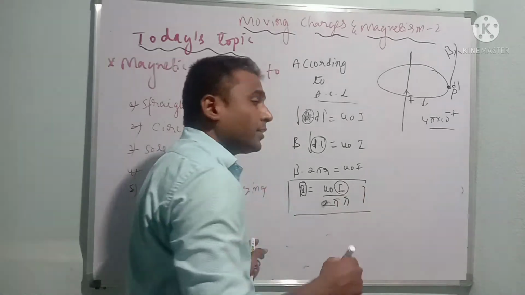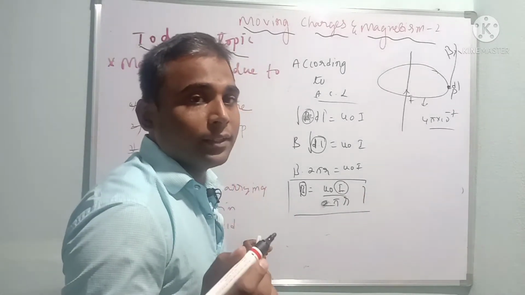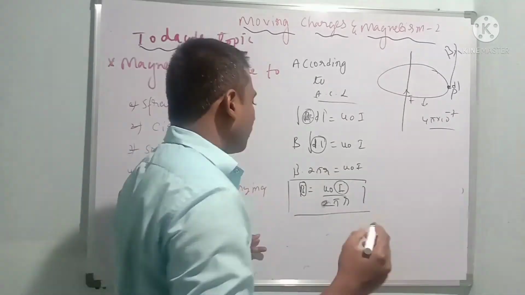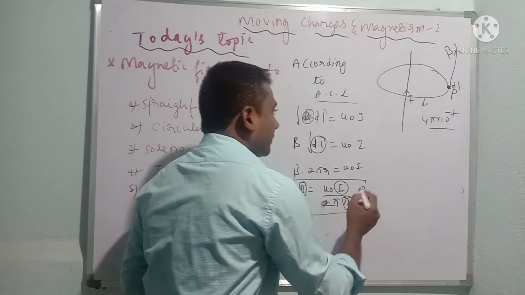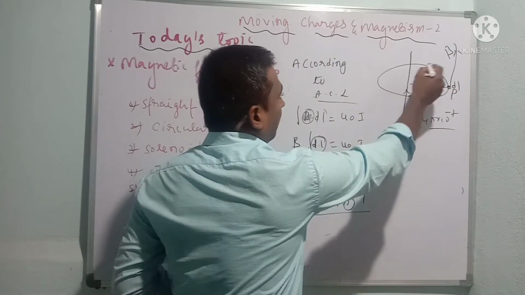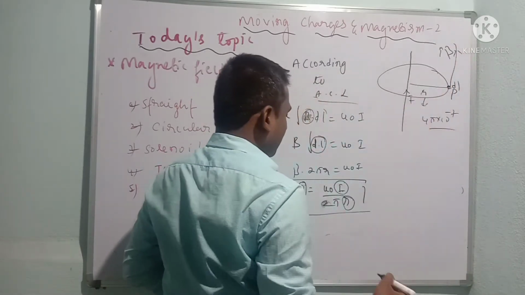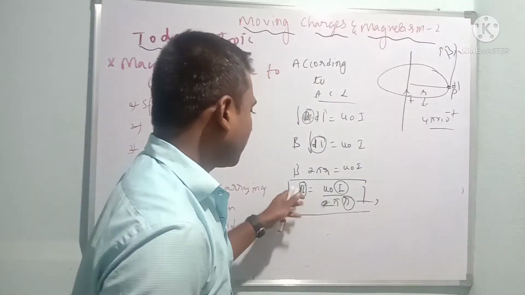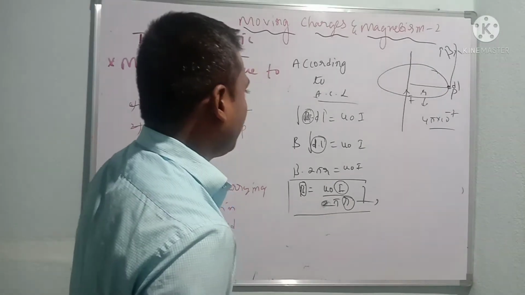If current decreases, the magnetic field decreases. It is inversely proportional to the radius. If the radius decreases, the magnetic field increases. If the radius increases, the magnetic field decreases. Please note down this formula.